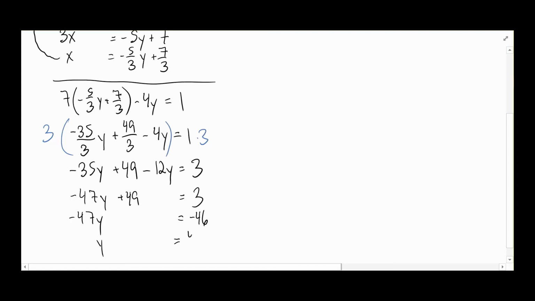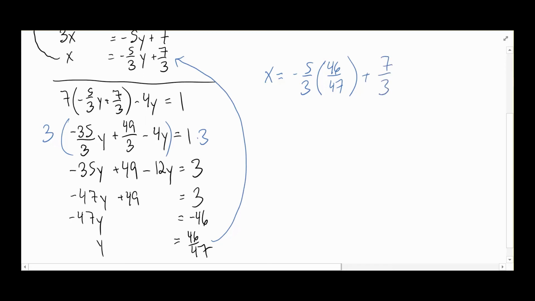So y is 46/47. Now, let's plug this 46/47 in over here to get x equals negative 5/3 times 46/47 plus 7/3.